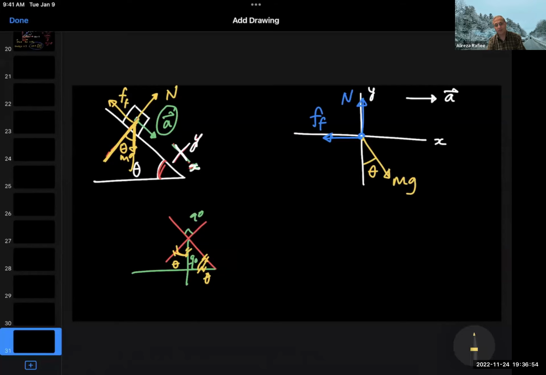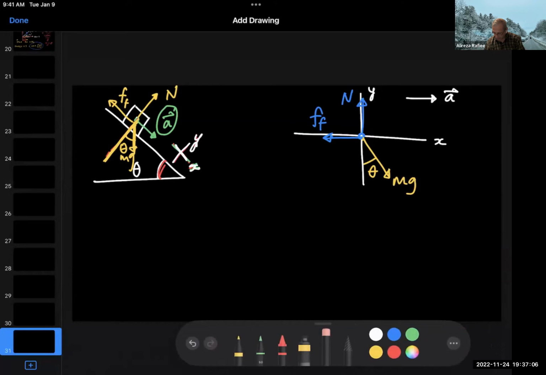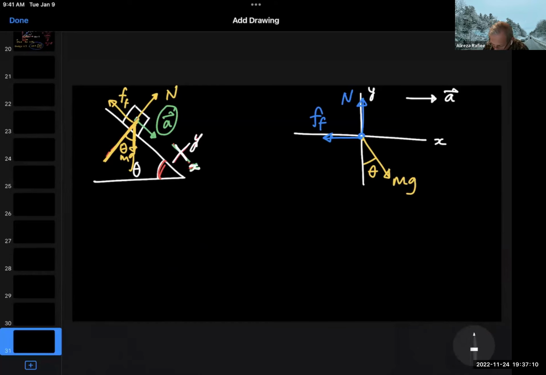So I have three forces and then one angle. Now, the hardest part is actually this part. If you draw the free body diagram, then everything else would be simple. And I'm expecting my students to always, at least during the course, follow this. Now, you can do a lot of it in your head, but I insist students write it down like this.